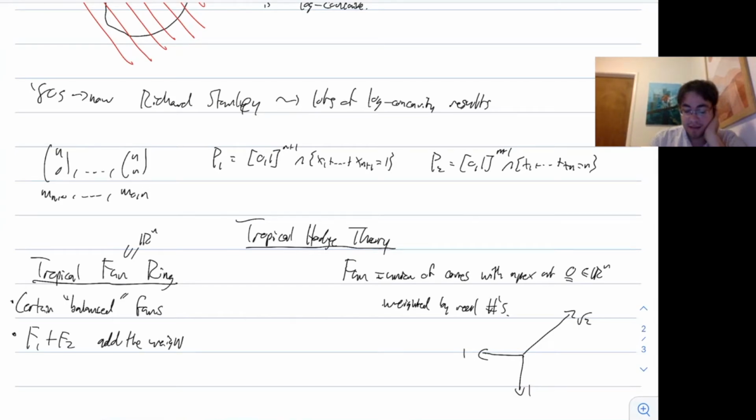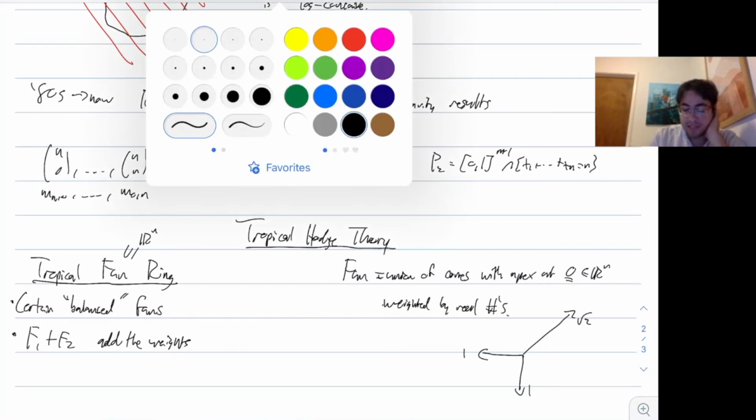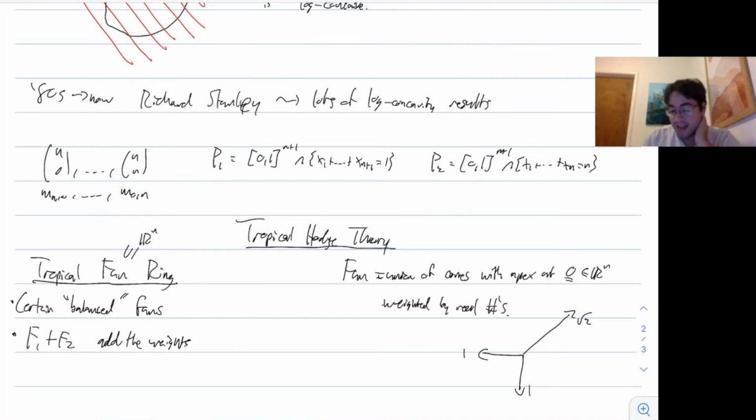So for example, if I had another fan that had 1 here and 3 here, then this ray would get updated to root 2 plus 1. This new ray would have 3 on it, and these two would still have 1 on it. So you literally just add them in the most obvious possible way, just as weighted subsets of space.